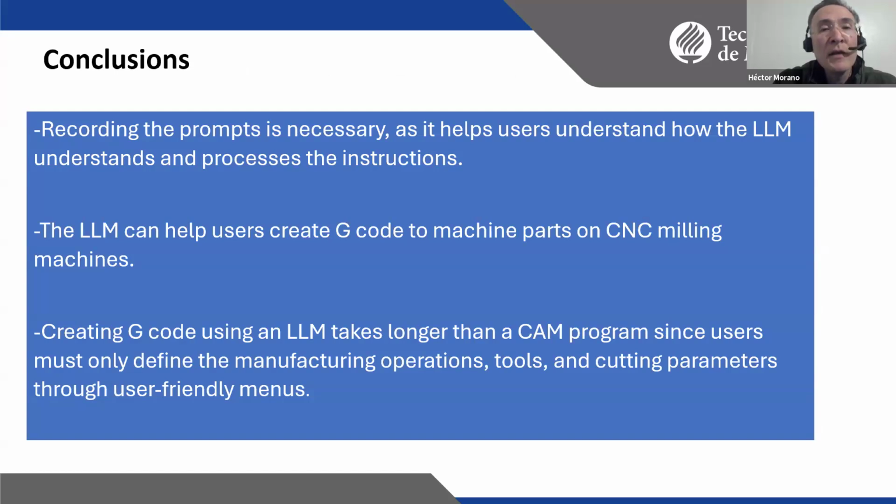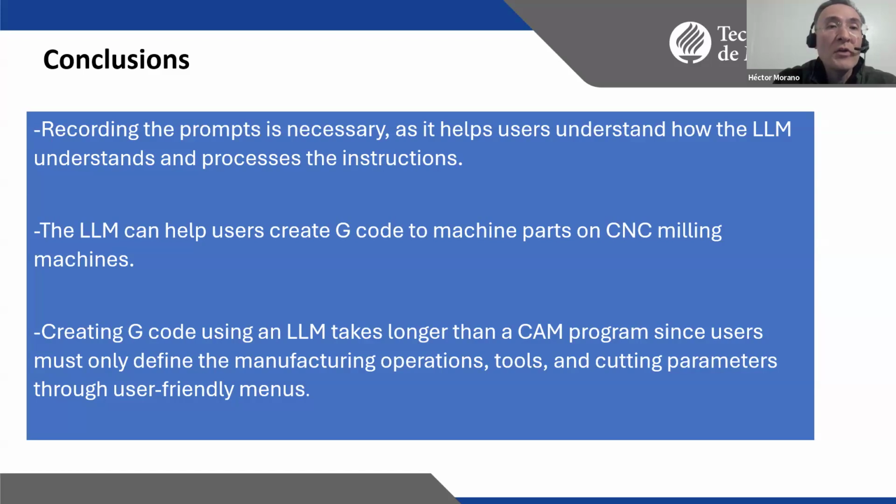The LLM can help users create G code to machine parts on CNC milling machines. However, the user needs to have basic knowledge of CNC programming to make the necessary corrections to the generated programs.